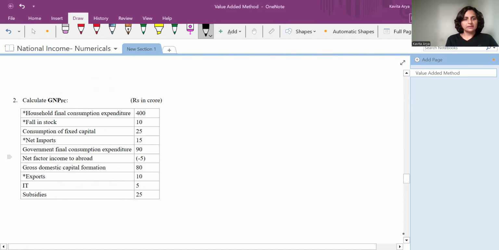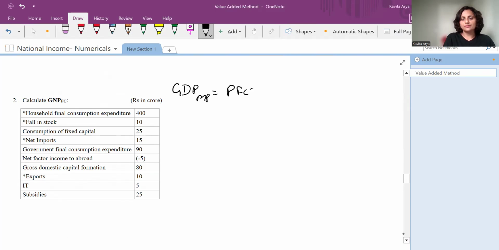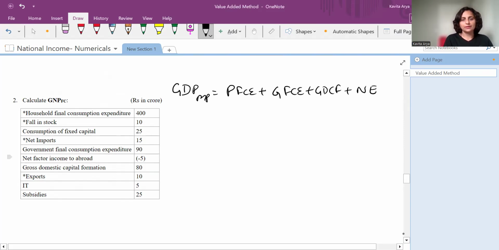Next question says, again, because it's based on the expenditure method, we would begin with the same formula, and that formula says I will get GDP MP by four components: private final consumption expenditure, government final consumption expenditure, gross domestic capital formation, and net exports. Now let's check out.